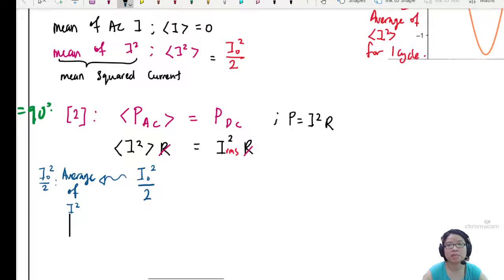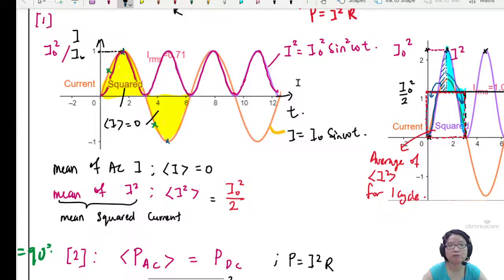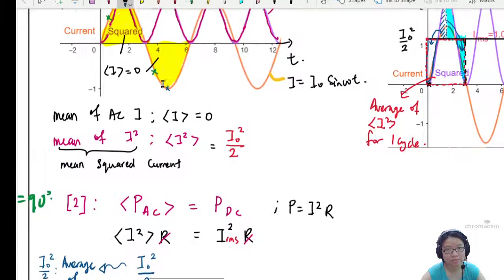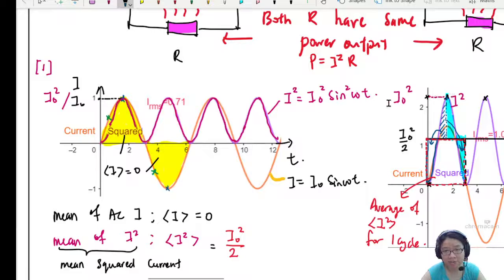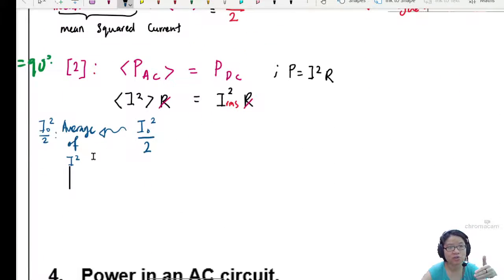Meaning if I want to find the average of this purple graph, the I square graph, I just need to take the peak and divide by 2. Since the peak is squared, it will be I naught square divided by 2. The peak of the purple graph is I naught square because we square the orange graph. Hence, I naught square divided by 2.